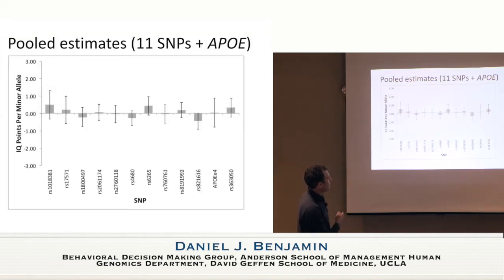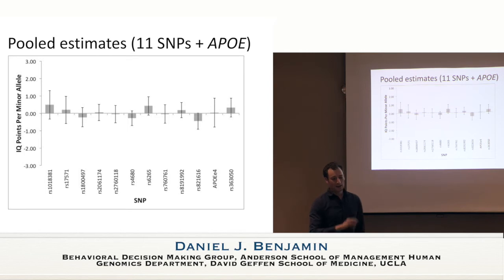What I'm showing you here on the x-axis is the 12 different SNPs that we used as markers for the candidate genes. The y-axis is the association size with cognitive performance pooled across the 3 data sets with the 10,000 people. You see the effect estimates in units of IQ points per minor allele with 95% confidence intervals. And you can see the 95% confidence intervals all overlap 0.